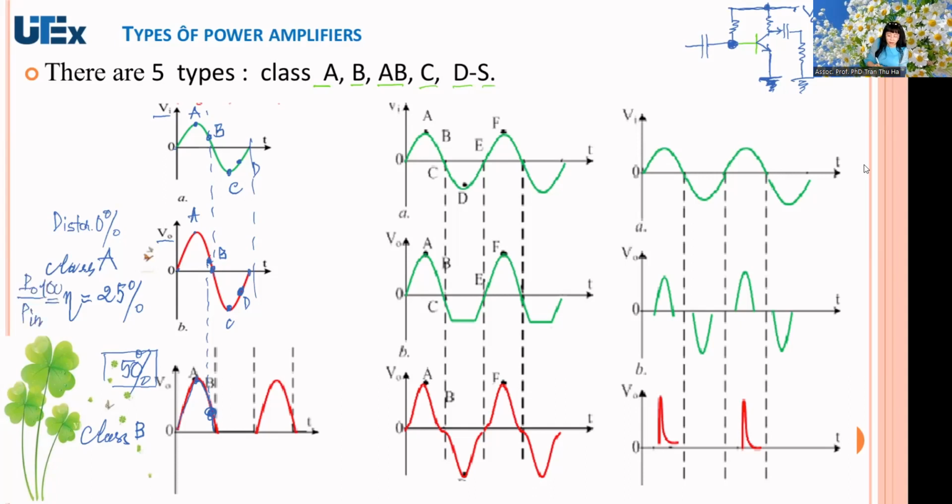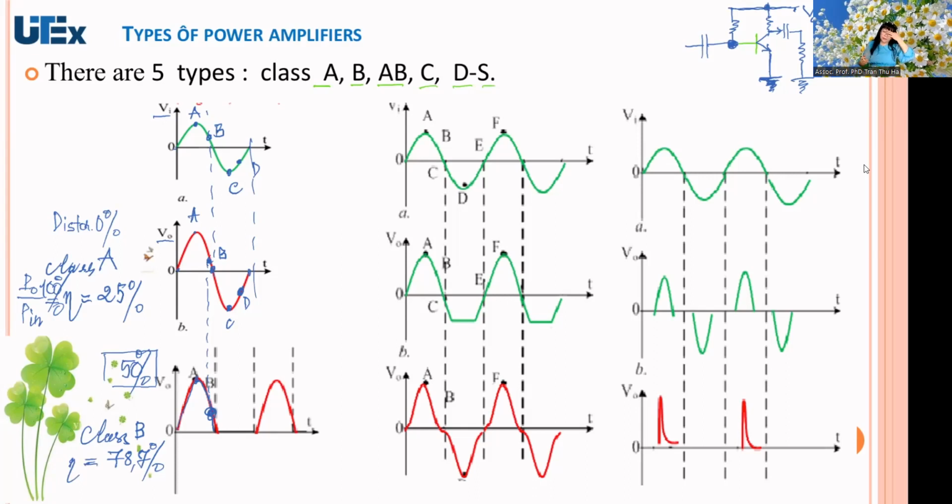And of course, 100% is the ideal. Here only 25%, very low. And in class B, we have maybe more than 70, larger, 78%. It's larger, right? It's good, but they lose, they have distortion.